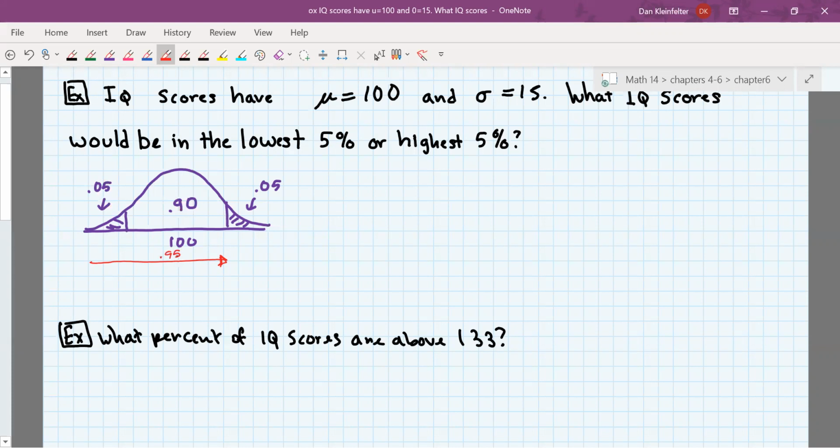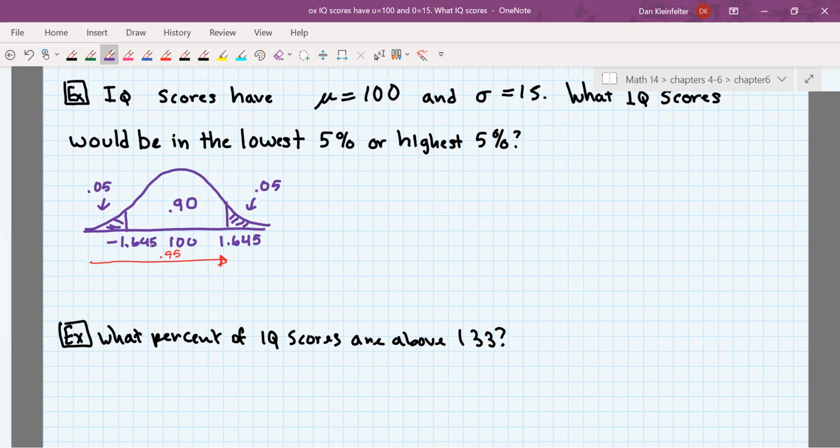Looking at the body of our positive z table for 0.95, we could see that we'll have a z value of 1.645. Using symmetry, the other end is negative 1.645. Before we go any further, make sure that you're understanding where those values are coming from in the table.